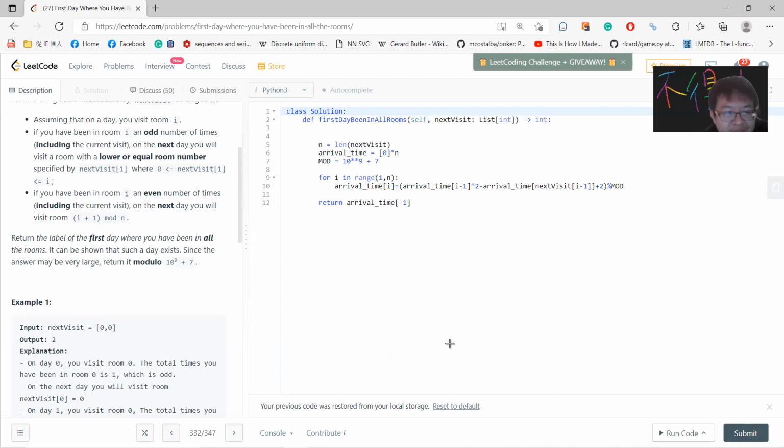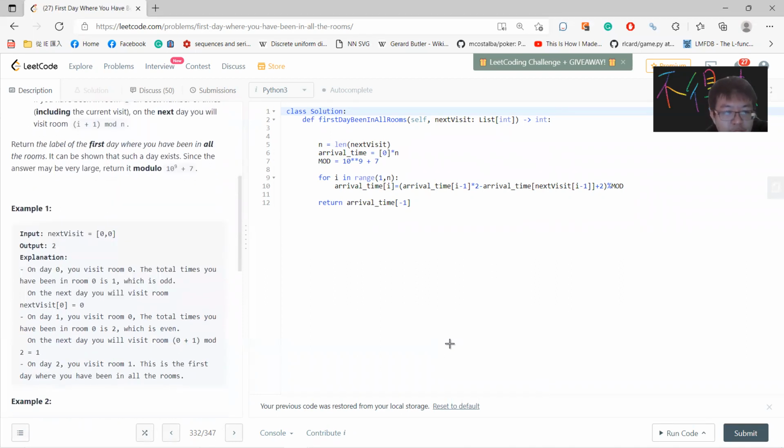For example, with nextVisit = [0, 0], the answer is 2. Because on day 0 you are at room 0, and by the rules you must go to nextVisit since you have only visited it an odd number of times. So you spend day 1 on room 0, and then the next day, since it is even, you go to the next room. So you spend 2 days.